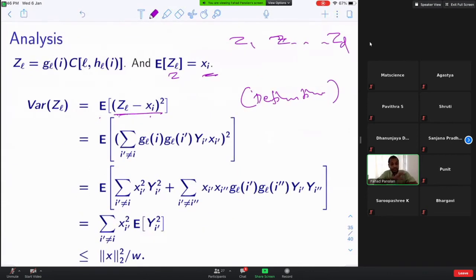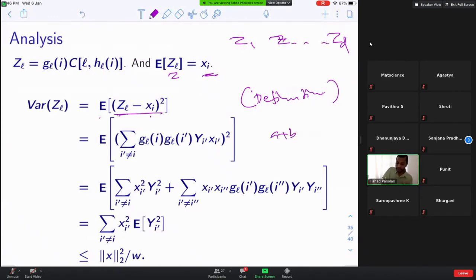It is the summation over I prime not equal to I of GL of I prime, Yi prime, Xi prime, the whole square. Clear?